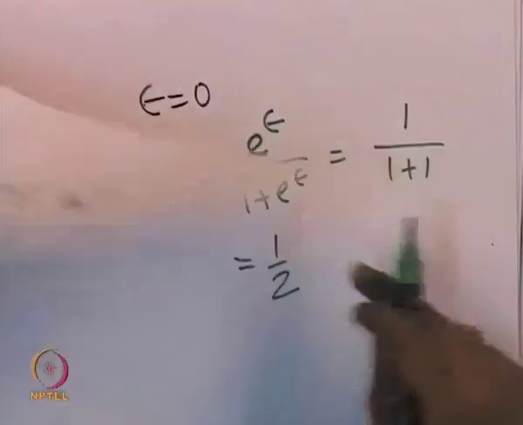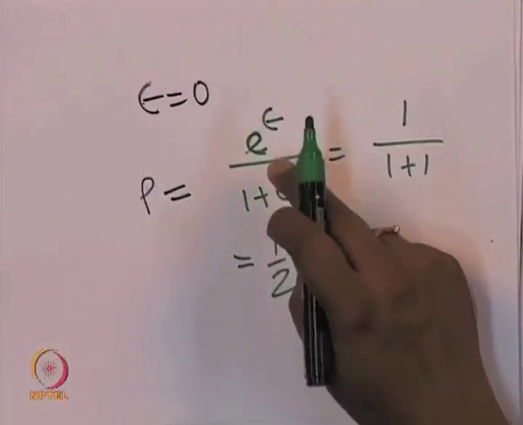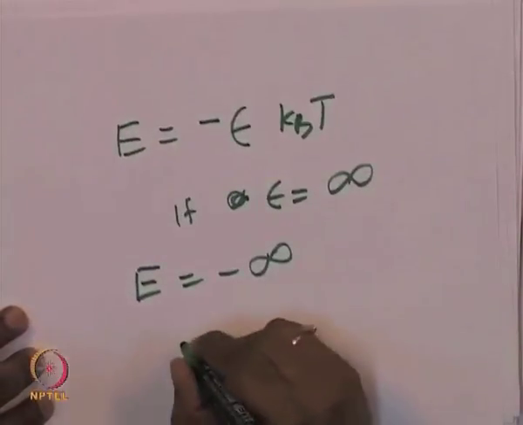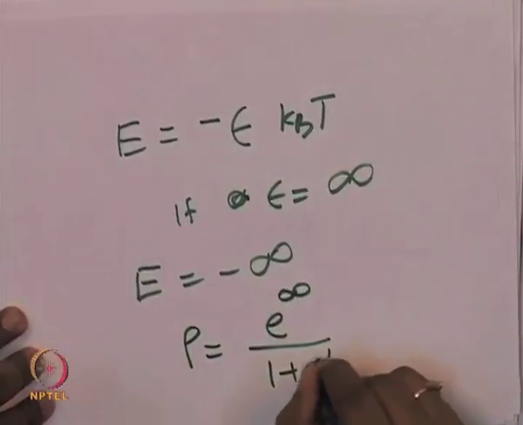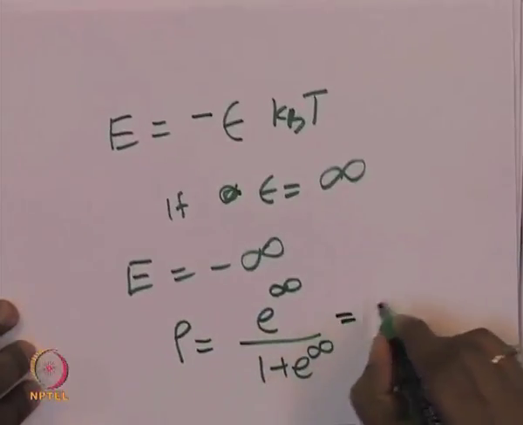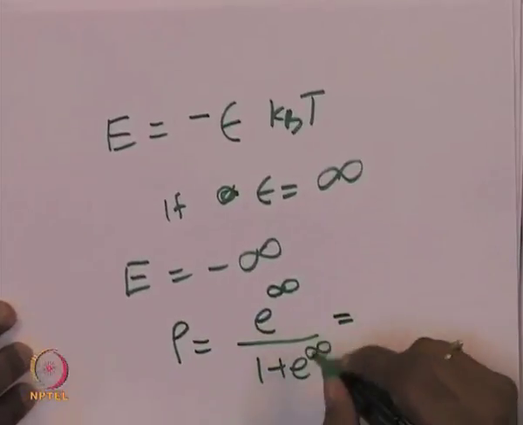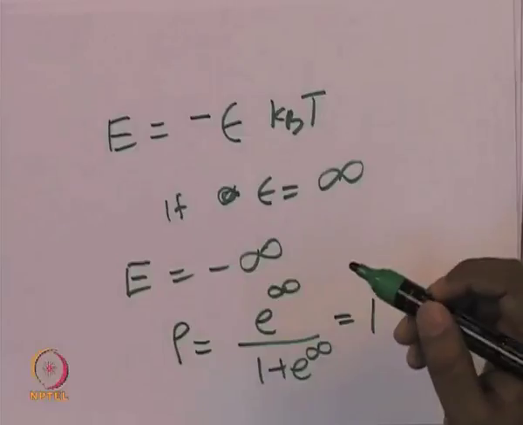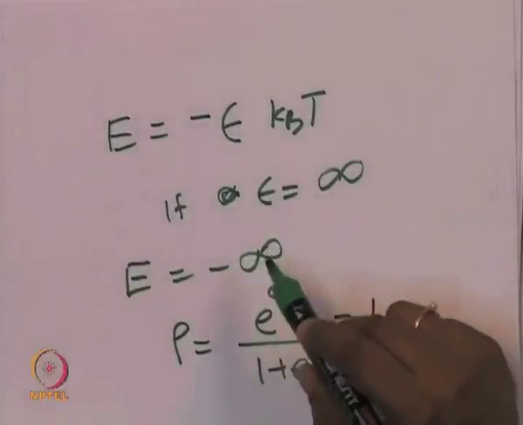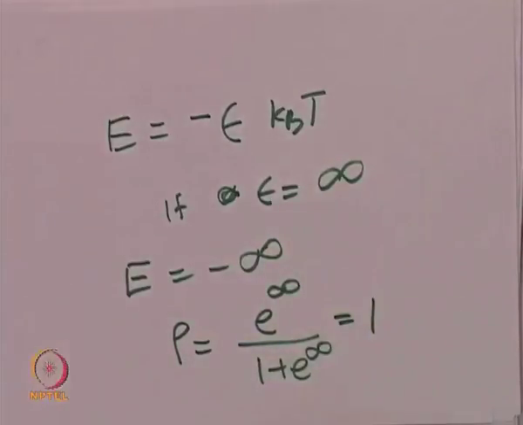So, if you put epsilon equal to infinity in this formula, you will get rho equal to e power infinity by 1 plus e power infinity. E power infinity is a very large number, so this turns out to be 1. And if epsilon is minus infinity, the binding energy is plus infinity, that means proteins do not want to bind at all.